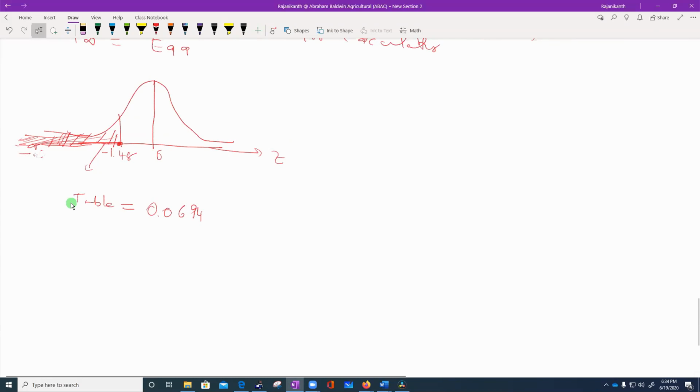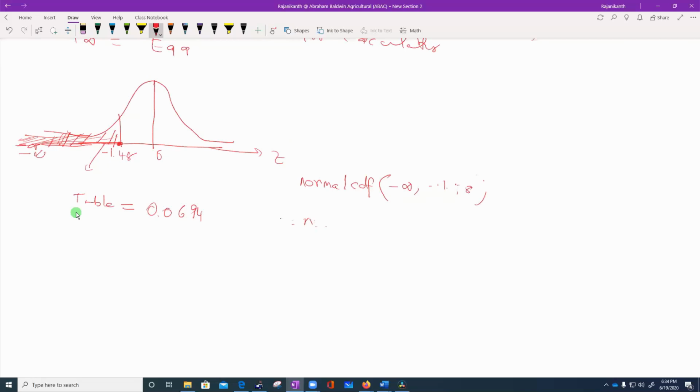Therefore, the bounds you have to type in your calculator for this left side area are negative infinity and negative 1.48. Okay, so normal CDF will give you the area for that, but my left bound is now negative infinity and my right bound for that area is negative 1.48.